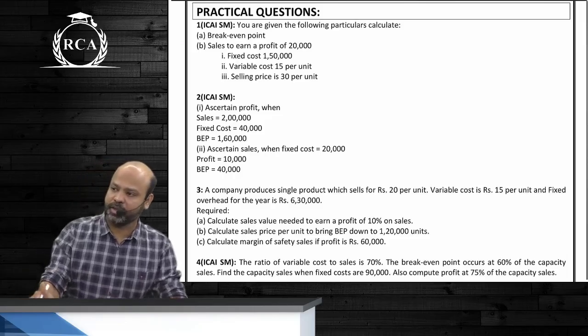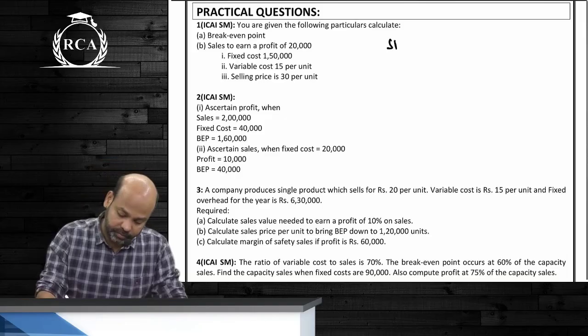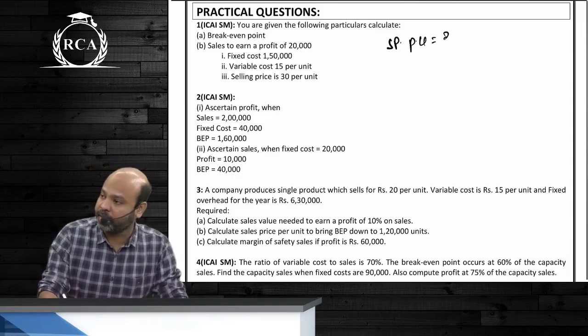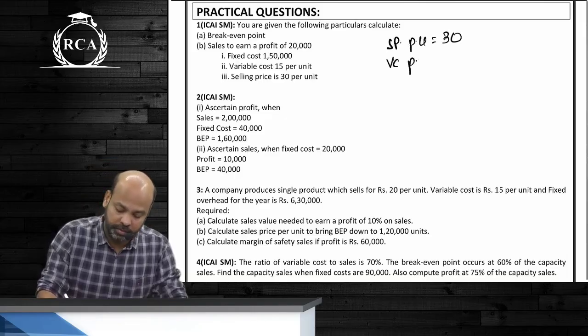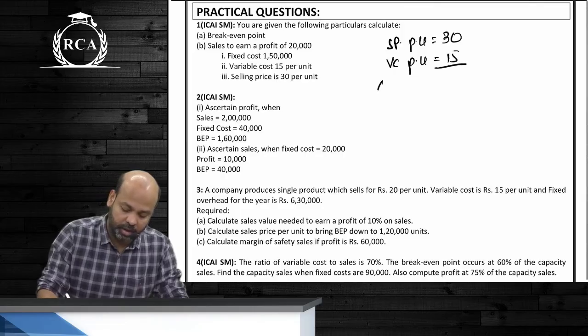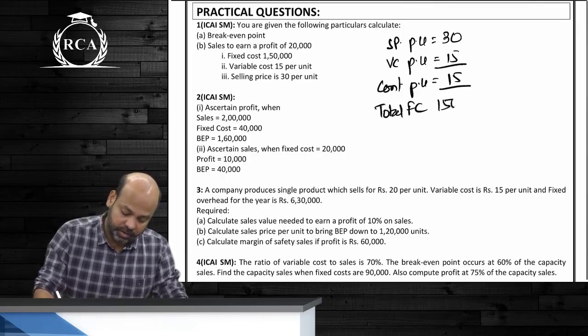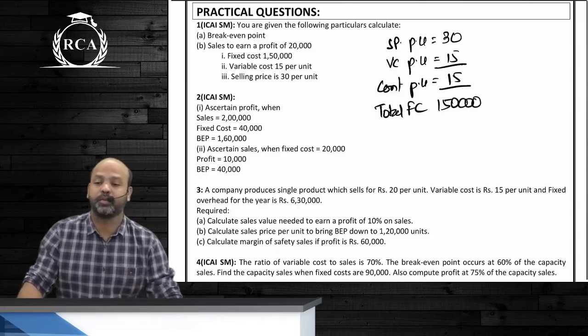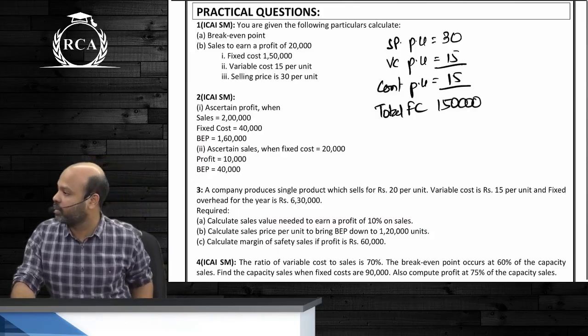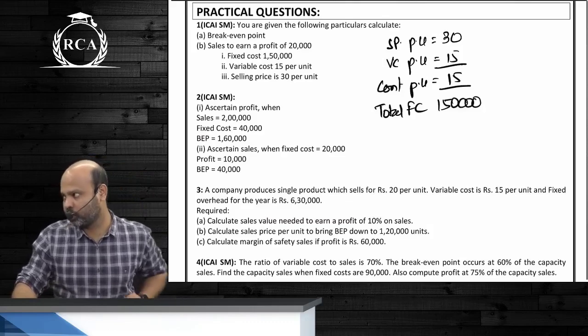सपने बाद में देखो बेटा. Selling price per unit 30, variable cost per unit 15, contribution per unit 15. Total fixed cost guys is given as 1,50,000. First bit guys are asking us to compute break even point. You will write fixed cost divided by contribution per unit.